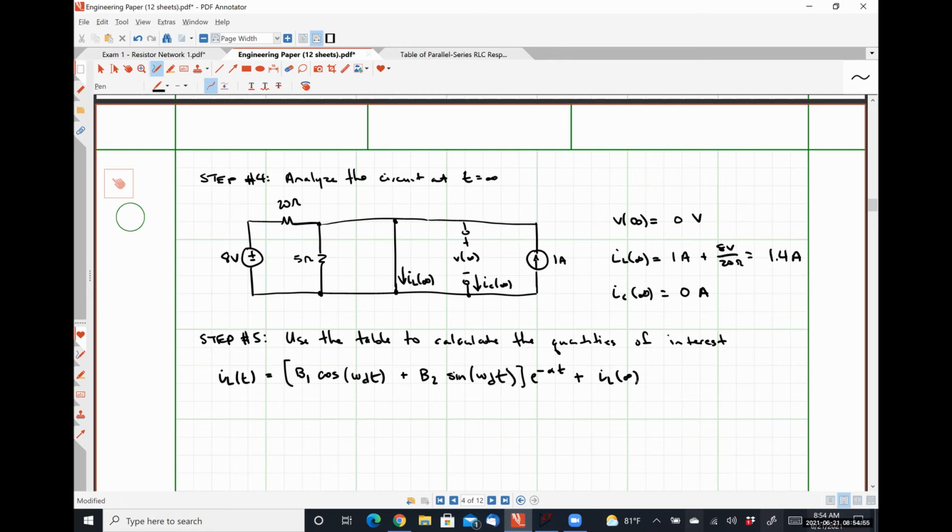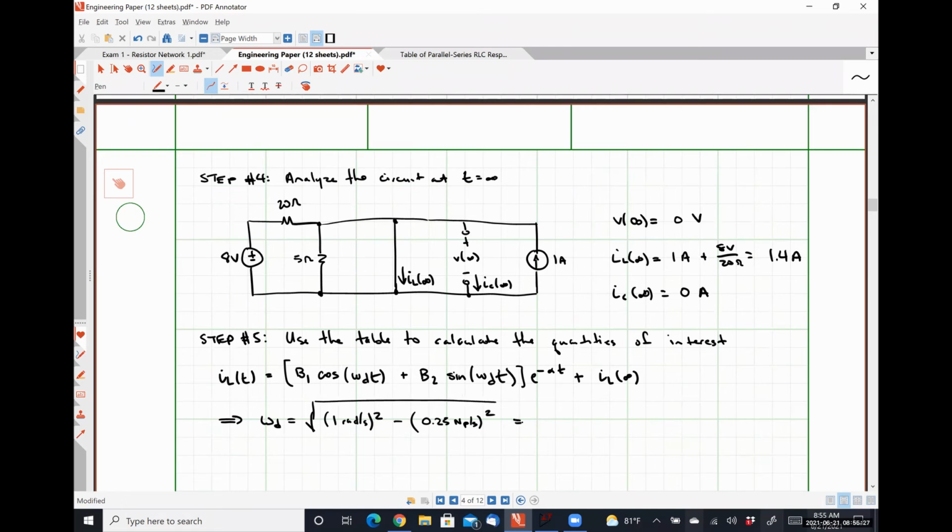So as a quick aside, we see that omega d has popped up in here a couple of times, so now is as good a time as any to calculate it. Omega d is going to be equal to the square root of omega naught, which was 1 radian per second, squared, minus alpha, which was 0.25 nepers per second, quantity squared.